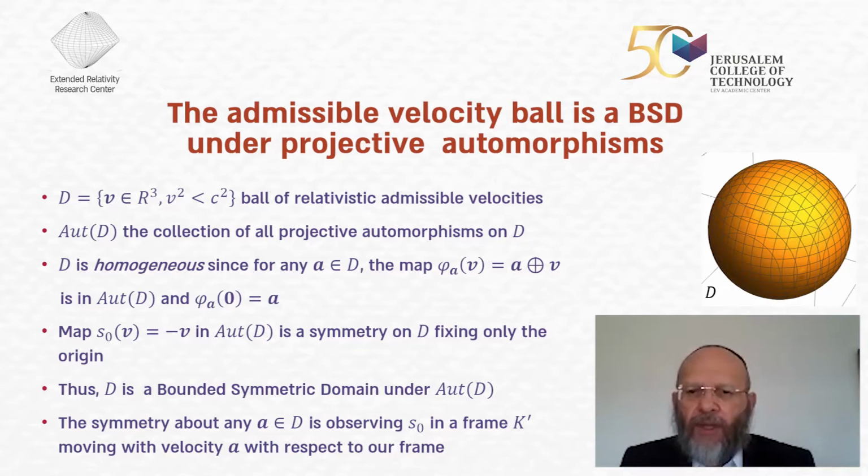You have to perform, in system K prime, S0 to send each vector to its negative, and then observe this map from the frame K. Since the fixed point there was A, the origin, now from our point it will be the fixed point, A. P of 0 is A. Therefore, you'll get an automorphism about any point in the domain, which is simply the regular automorphism A0, as observed in a frame where the origin has the velocity.